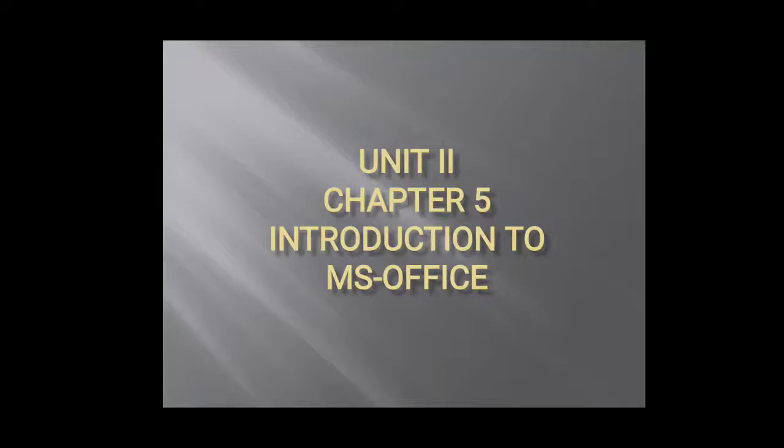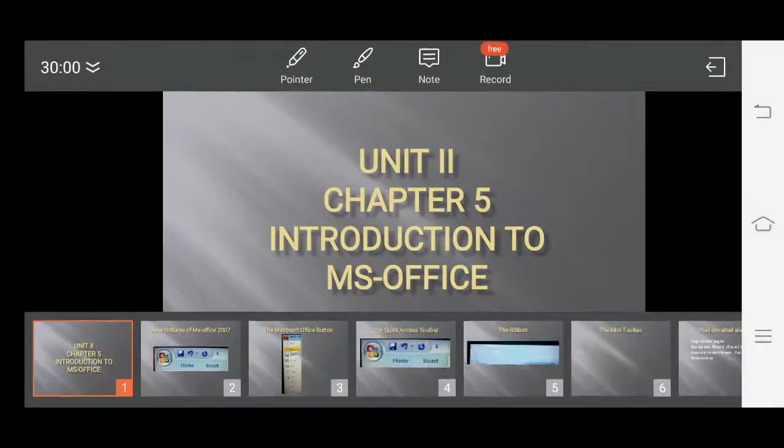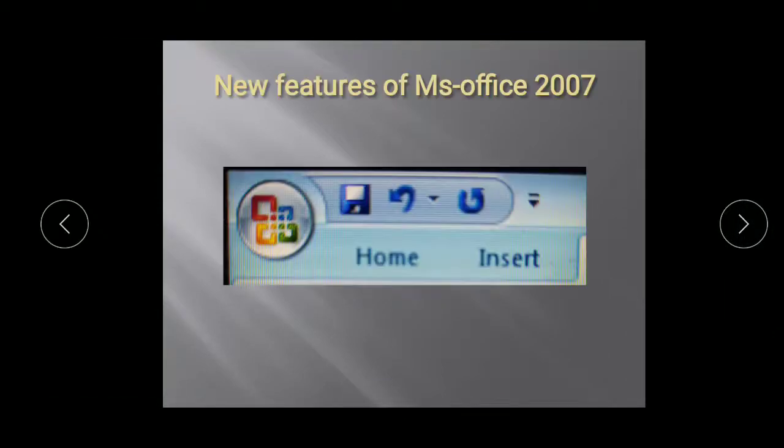So we'll start with the very first topic, that is the new features of MS Office 2007. The first graphic on which my eye points is this first button, called the Microsoft Office button. This is the very first thing newly arrived as a feature of MS Office 2007.